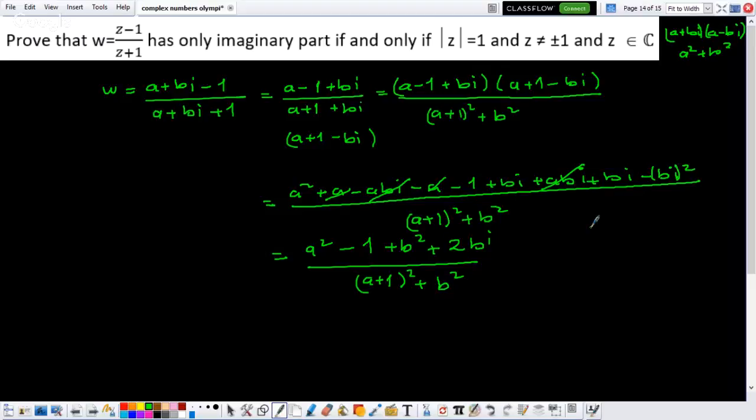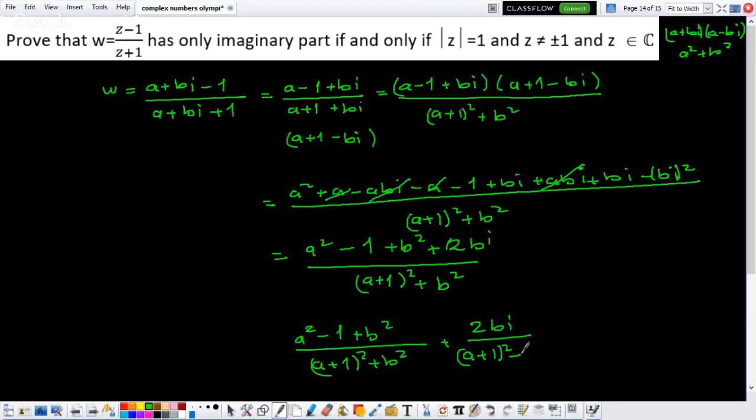If you divide by the denominator, because this is only the term that includes the I, that's why here it's going to be like this. A square minus 1 plus B square is the real part over A plus 1 square plus B square, plus 2BI over A plus 1 square plus B square.